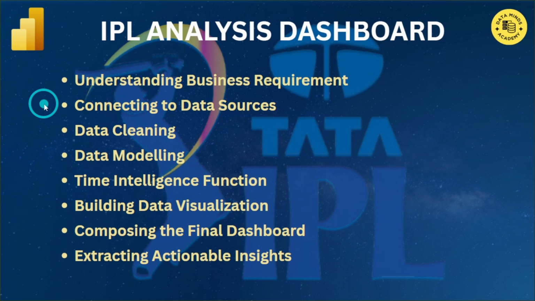Next, we will connect Power BI with the data source, and for connecting we will basically use a flat file, a CSV file. Next, we will do the data cleaning. We will go through the entire data set and see whether any data cleaning is required for any column or not, and then we will perform that data cleaning activity in Power Query.